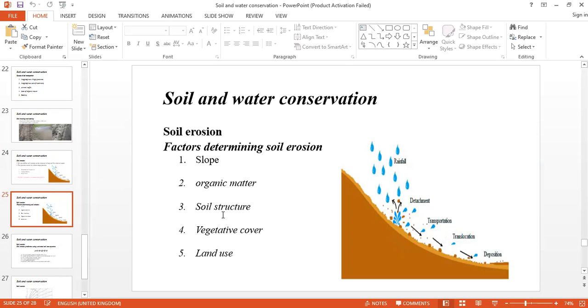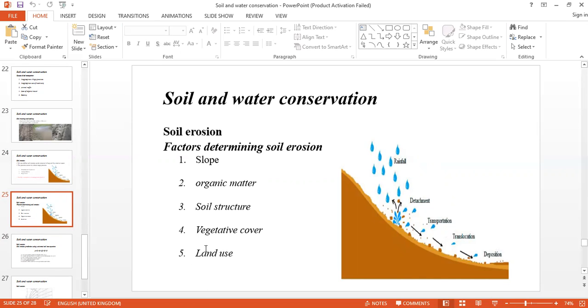So instead of water sliding on top of the soil, it will be infiltrating, meaning that you have less water running off on your surface. Then vegetative cover, obviously, will block the water from moving, and consequently, the soil will not move.